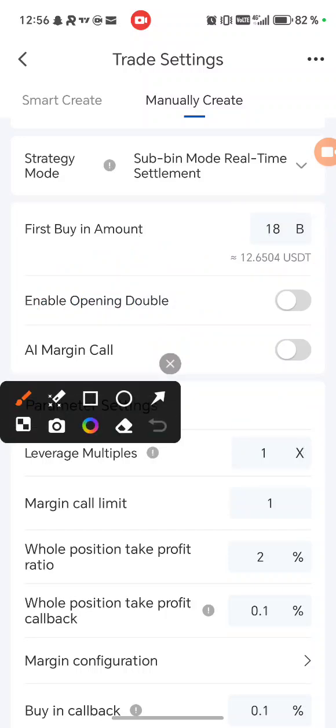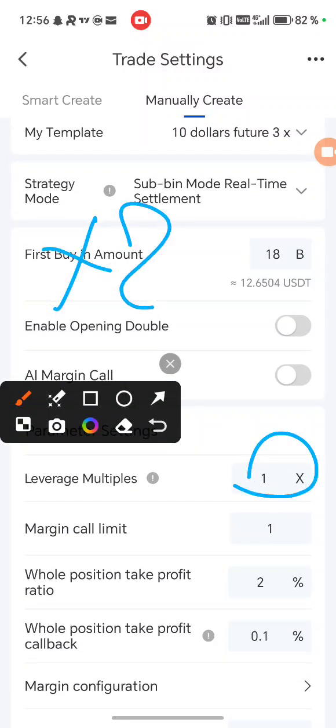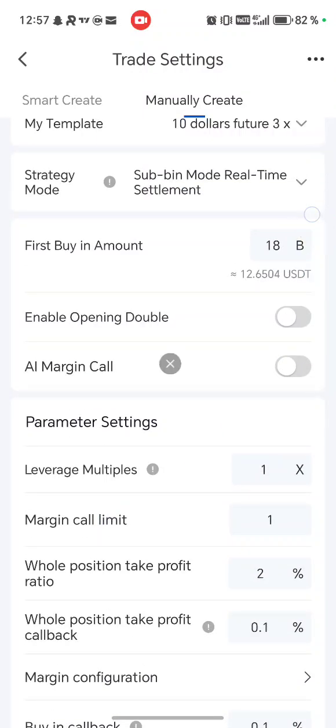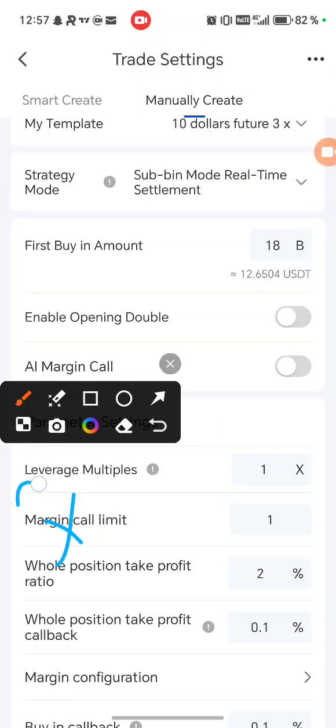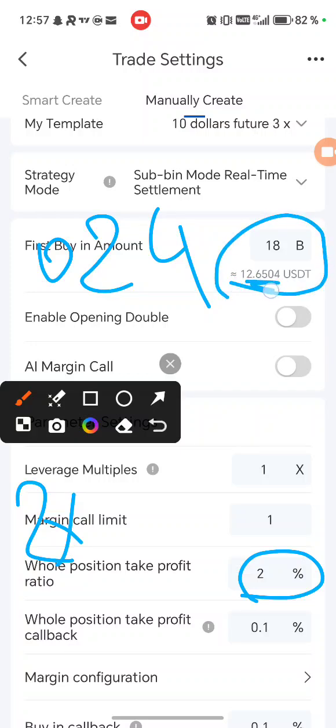I hope the message is clear. So if I increase my leverage here times 2, then I have to also increase here before I even confirm and save the trade. Before I save the trade, I must know what I'm doing. If my X was 1 and I want to increase it to 2x, for me to get that 0.24, which is the 2%, I must increase here to show $24, and here 18 times 2, which is 36.